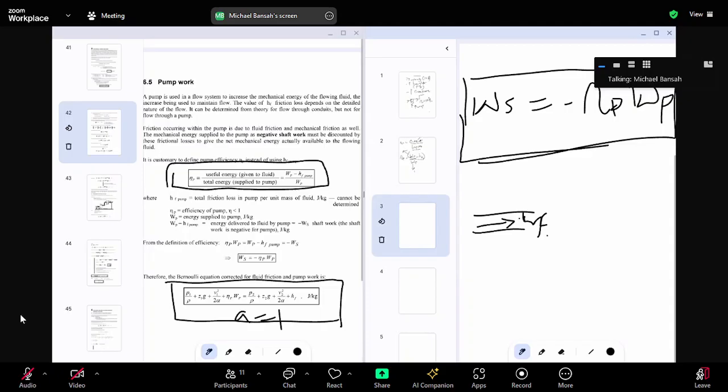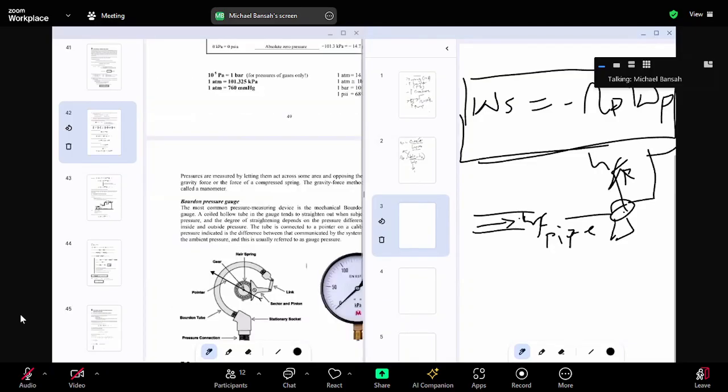So there is HF for the pipe, and when the fluid gets into the pump and the pump pumps it, there is a certain friction that happens in the pump too, also called HFP or HF of the pump. So the summation of these two frictions is the HF we have in the equation. Is that fine?